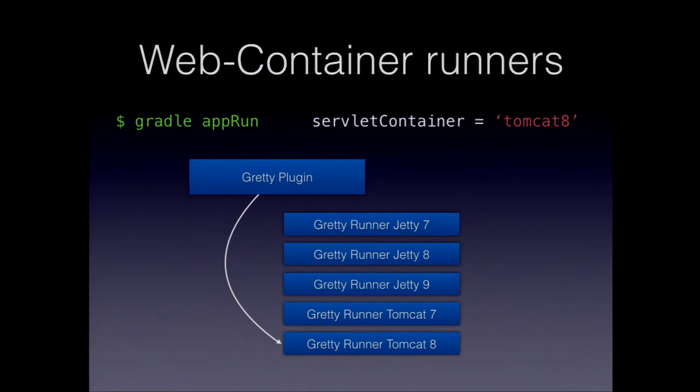So it's the facade that you see as a plugin user. Gretty runners are specialized components which are bound to a concrete implementation of the web container. All these runners have a uniform interface so that the Gretty plugin can handle them the same way. A Gretty runner is chosen dynamically at runtime when you set this servletContainer property.